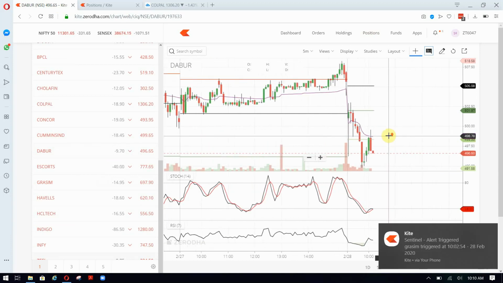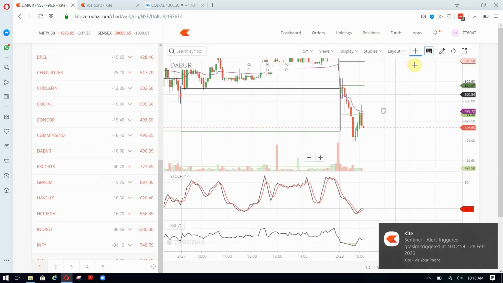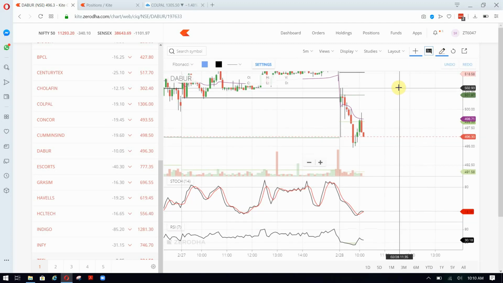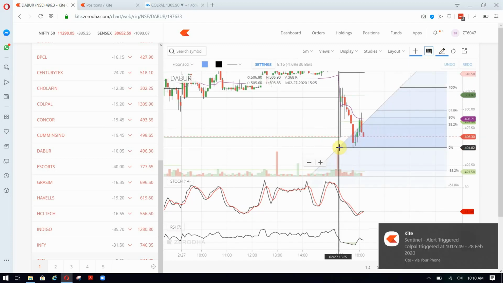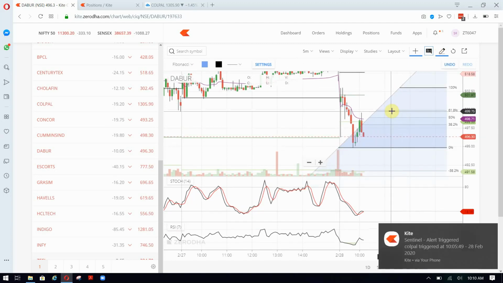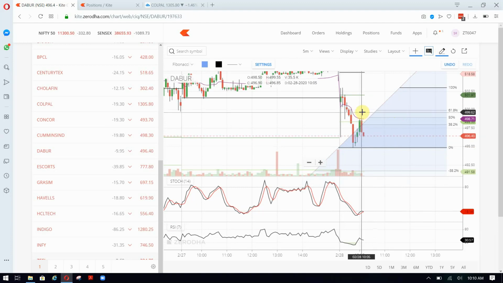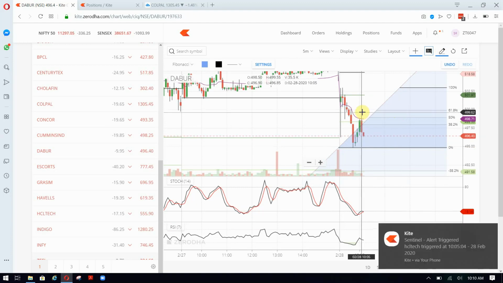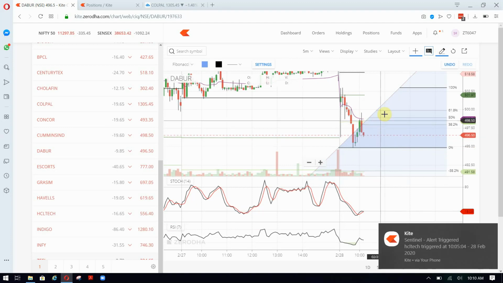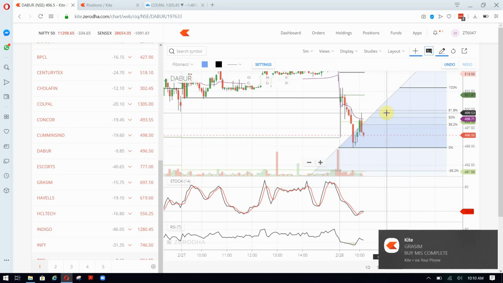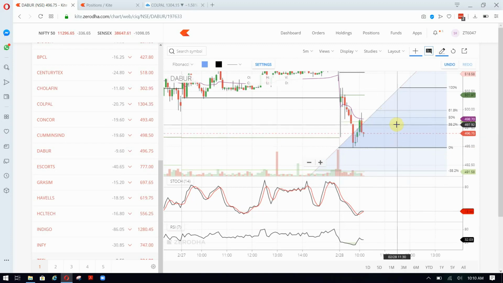Let us check quickly. In this price range, again it tested the 61 percent level. If I had noticed this in advance, I could really have traded by keeping the target as 497, meaning shorting around 499 and closing it around 498, a 1 rupee move.